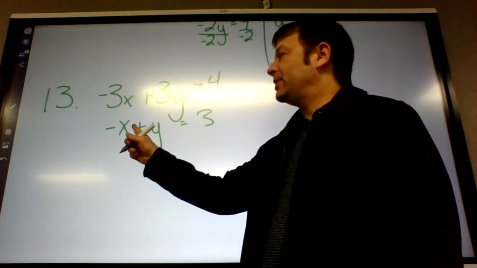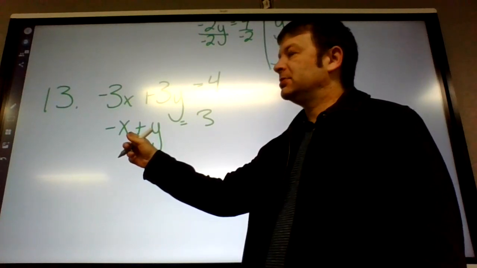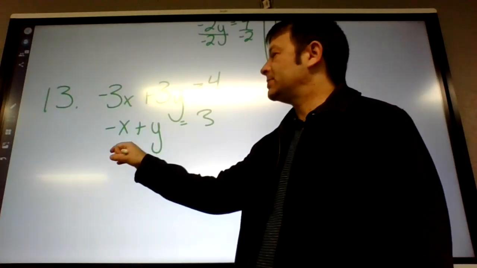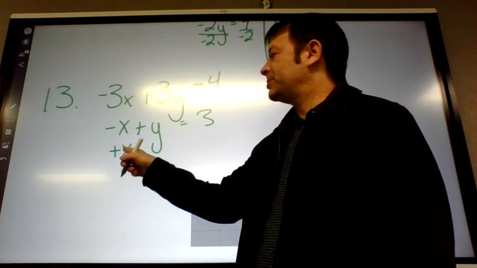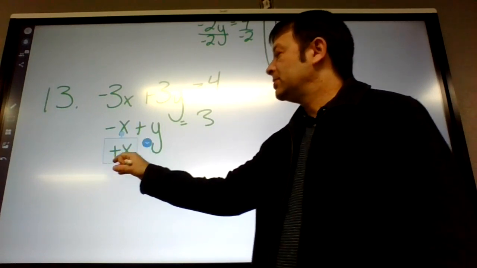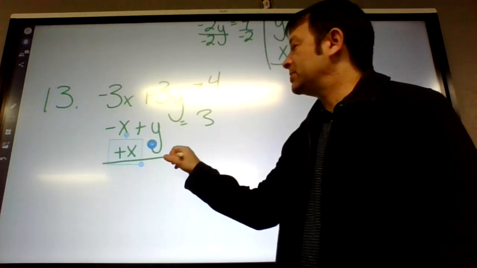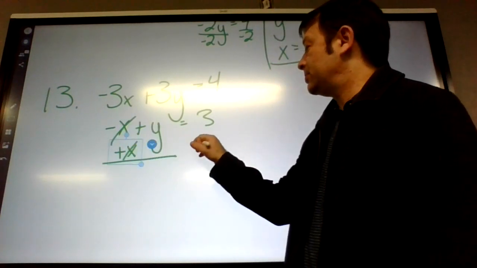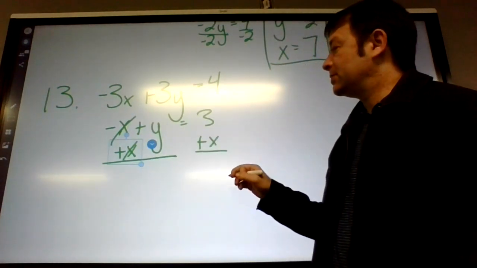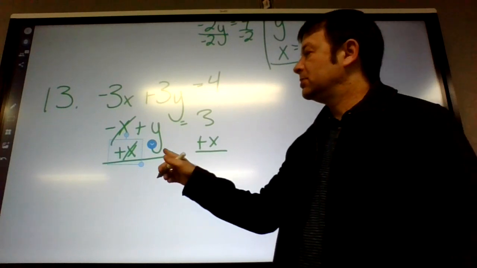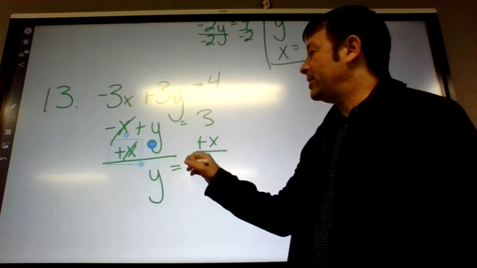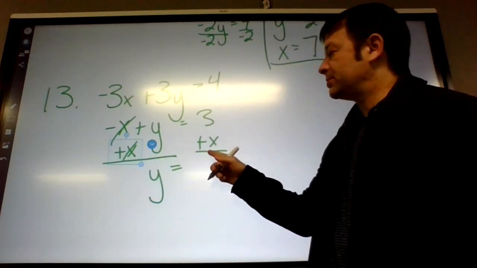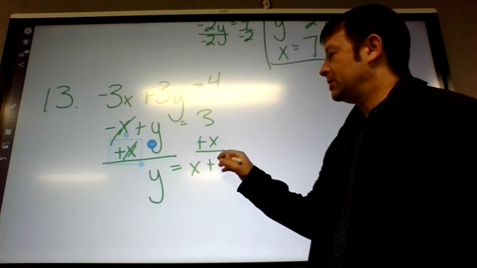How do I get rid of a negative x? Yeah, add a positive x. Negative x plus x is 0. So on this side, there will be no more of that, but you have to do that to this side. So now I have y equals 3 plus x, or you could say x plus 3.